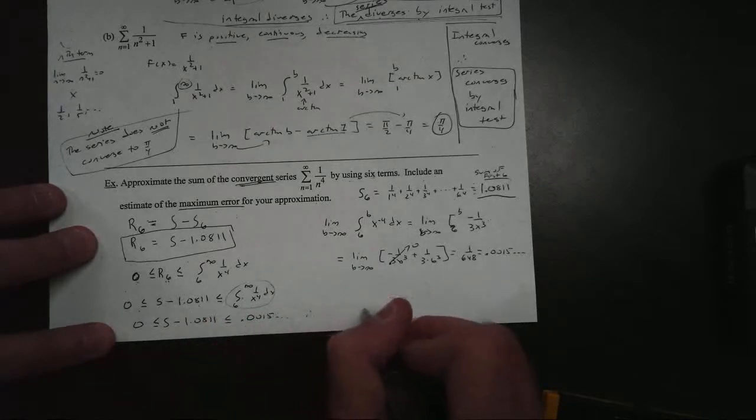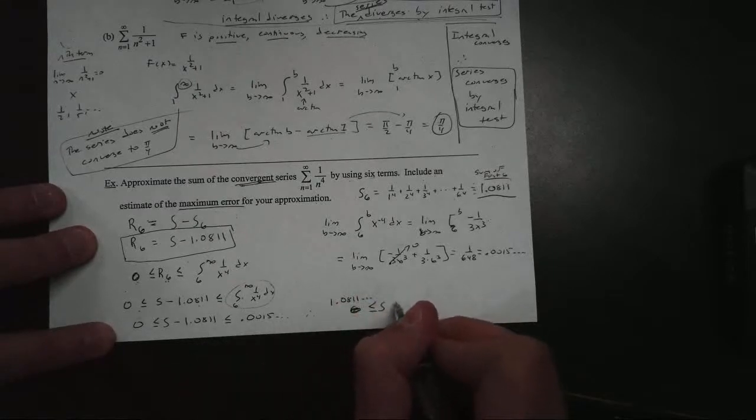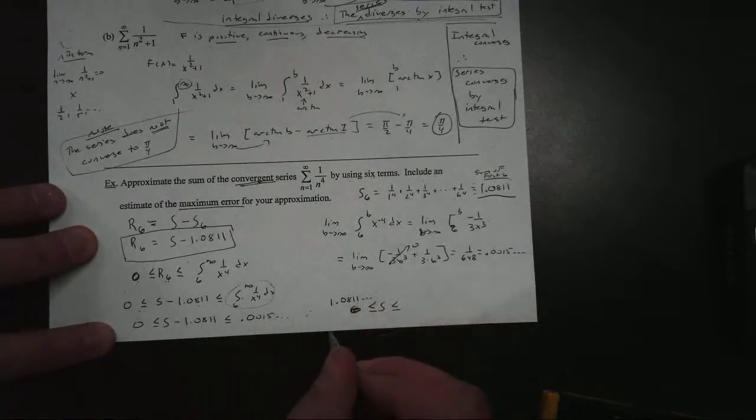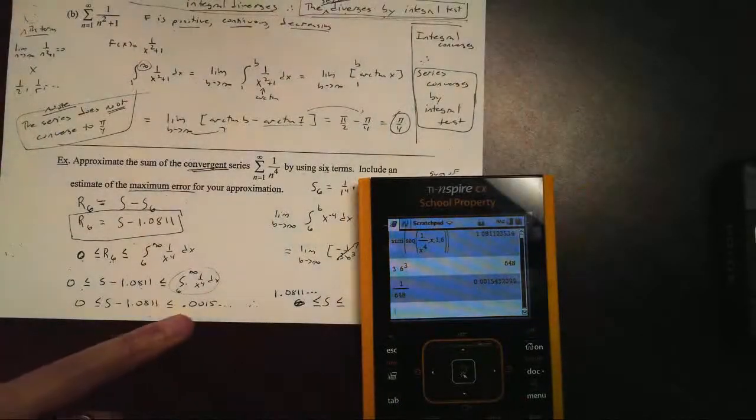Therefore, I add it to both sides. My actual sum has to be between 1.0811 dot dot dot, and let me see if I add it to the other side, what do we get? I'm going to take 0.0015 plus 1.0811.